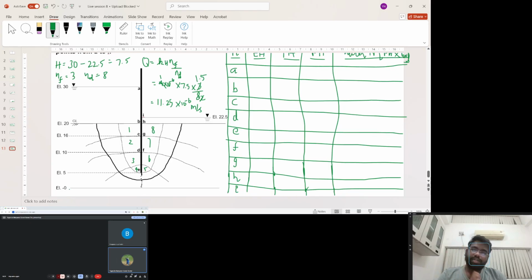This can be treated as the reference point, and it has also been depicted in the question.